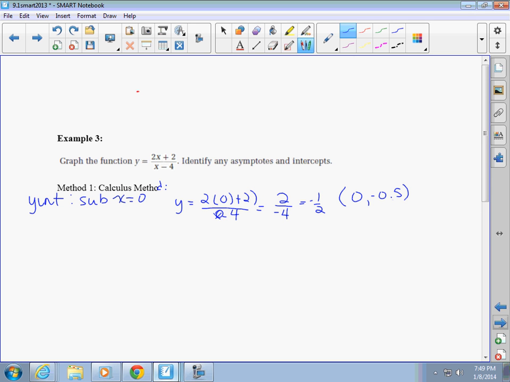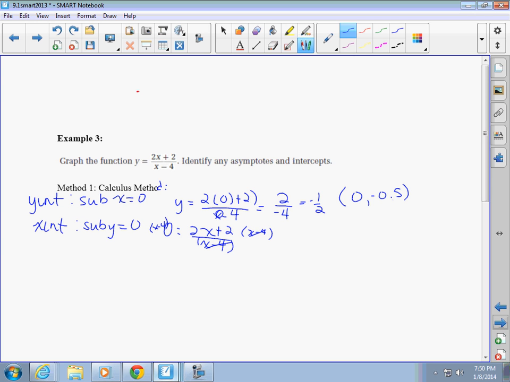So the next thing I want to do then is I want to see if there is an x-intercept. So I substitute y is equal to 0. So I have 0 is equal to 2x plus 2 over x minus 4. So to solve, I would multiply both sides by x minus 4.